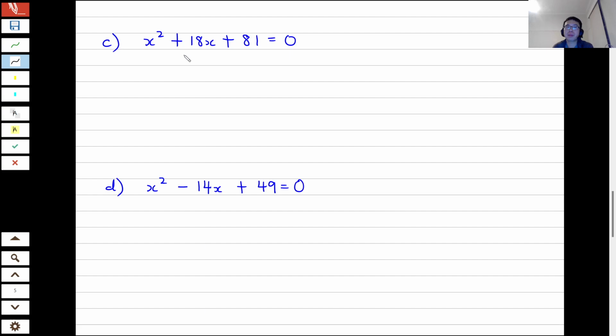So here I've given you the equation x squared plus 18x plus 81 equals 0. And what I want you to notice here is that this is equal to x squared plus 9 times 2 times x plus 9 squared.